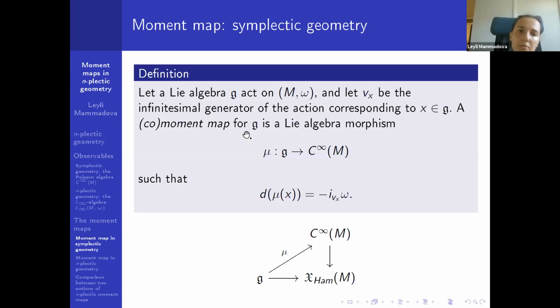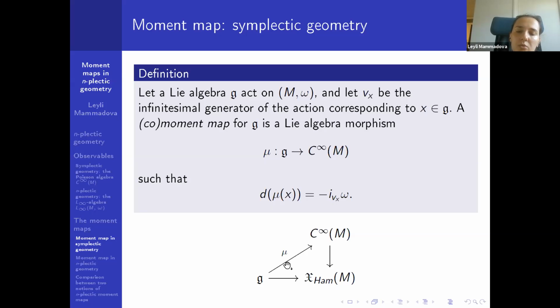Then a co-moment map, which I will just call moment map, for G is a Lie algebra morphism from G to this Poisson algebra of observables, such that this Hamiltonian condition is satisfied.